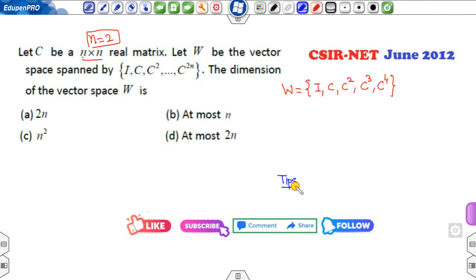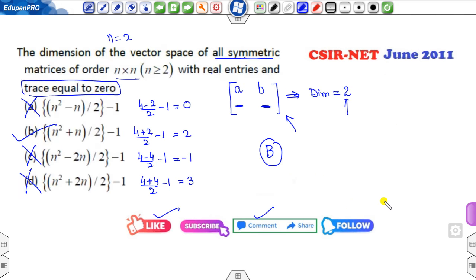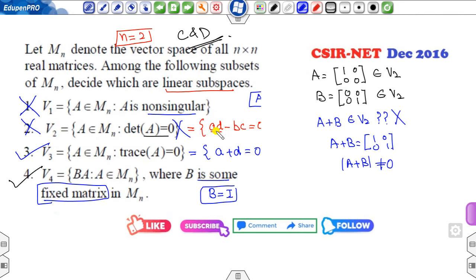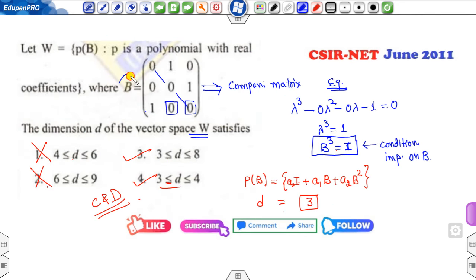Remember, firstly check whether any condition on the matrix C is given to you, like this matrix B, where there is some condition imposed on it.